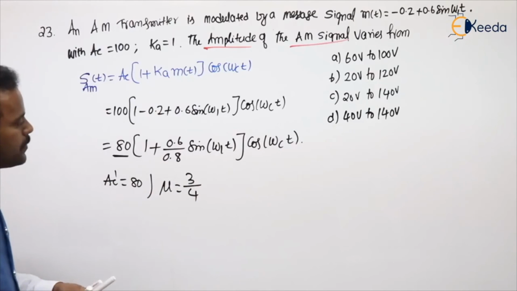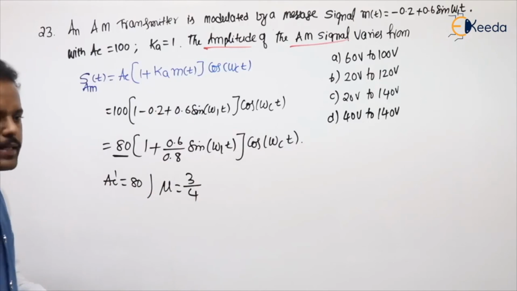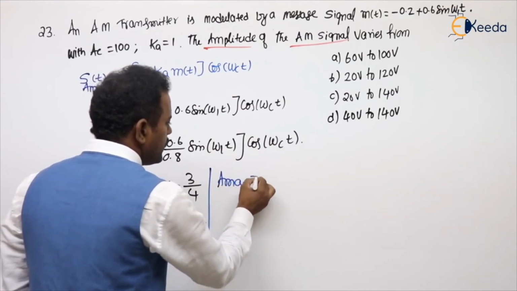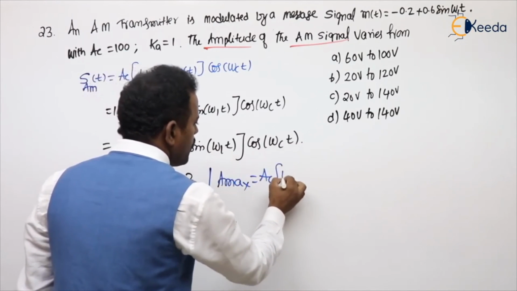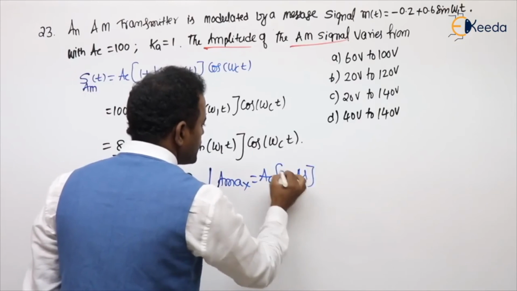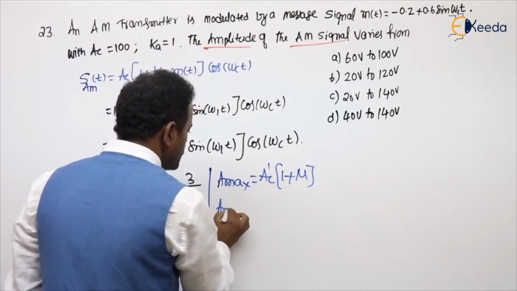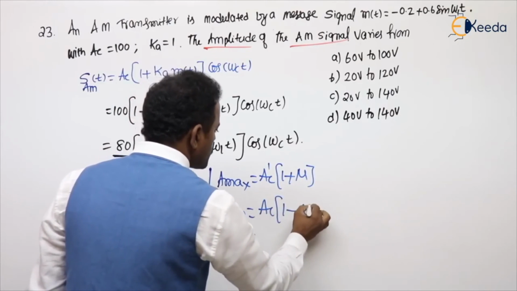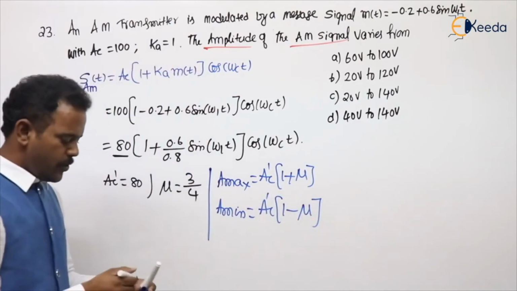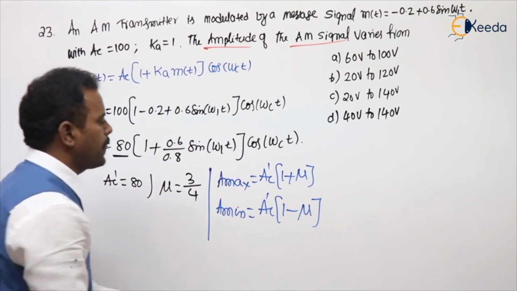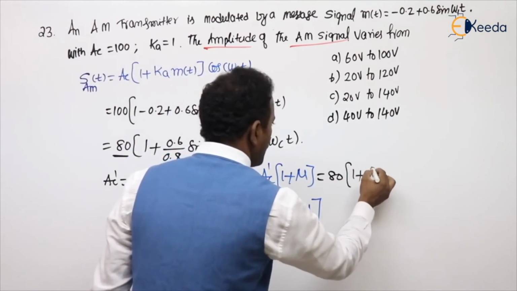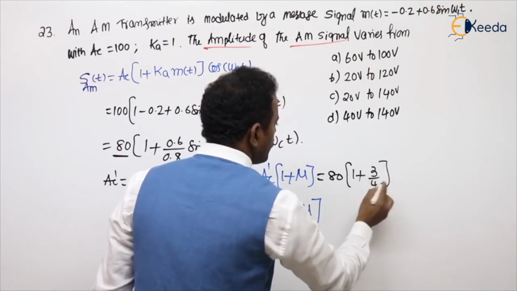And he is asking AM signal varies from, means A max and A minimum. What is the A max? AC into 1 plus mu, AC means here the new value. What is A minimum? AC into 1 minus mu, AC means here the new value. Substitute there: 80 into 1 plus mu value is 3 by 4.